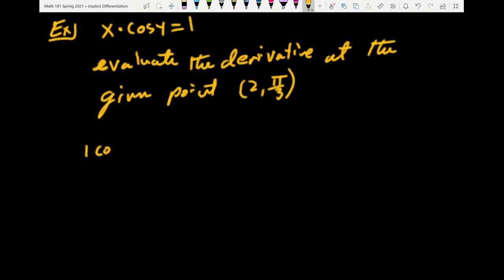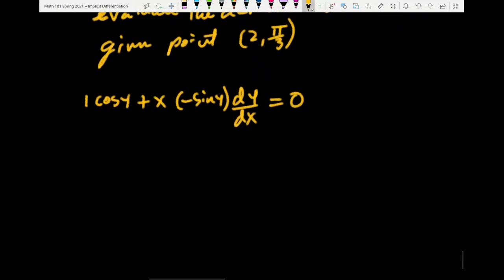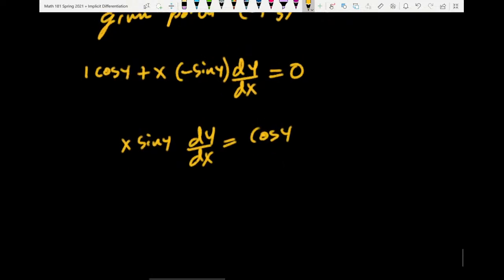So I get 1 times cosine of y plus x times negative sine of y dy/dx equals 0. So I get cosine of y, x sine of y dy/dx equals cosine of y. So dy/dx equals 1 over x cotangent of y.